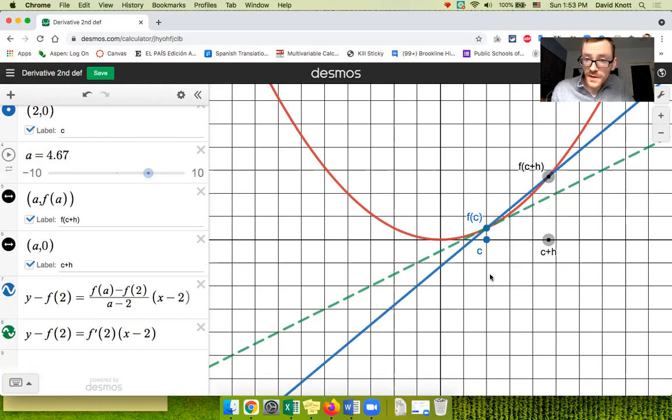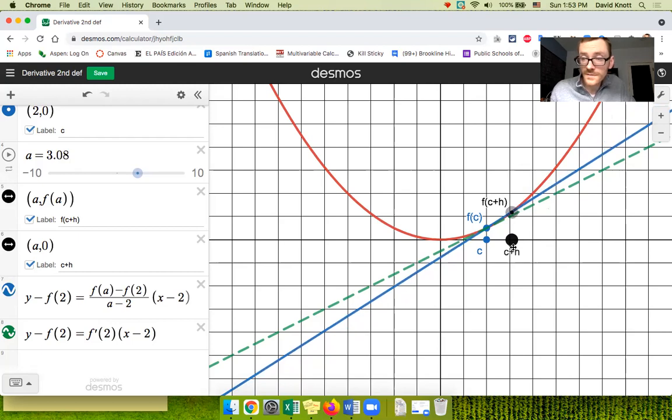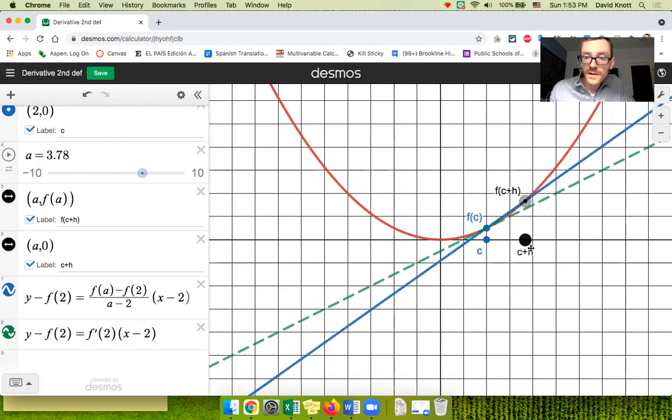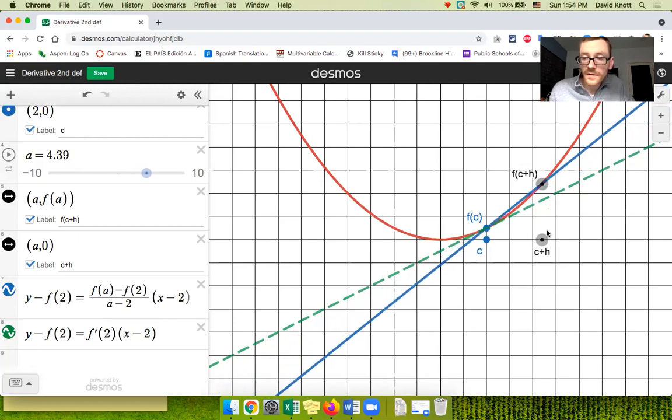The slope of the blue solid line right now does not look very much like the slope of the tangent line. But if I begin dragging this point to the left, closer and closer to C, then as it did yesterday, the two lines begin to converge. As this point gets very, very close to this one, the slope of the solid line turns into the slope of the tangent line.